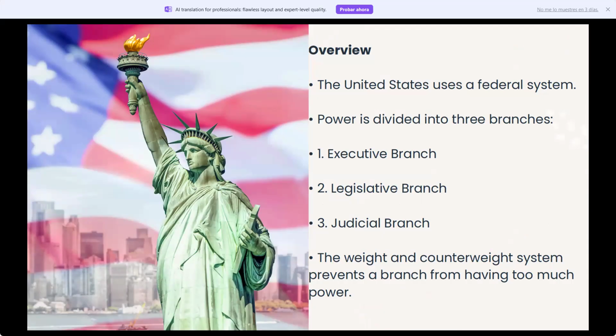At the national level, the government is divided into three main branches: the executive branch, the legislative branch, and the judicial branch. This structure was created to prevent any person or institution from having too much power. The branches work together through a system called checks and balances, which helps maintain fairness and balance in the government.